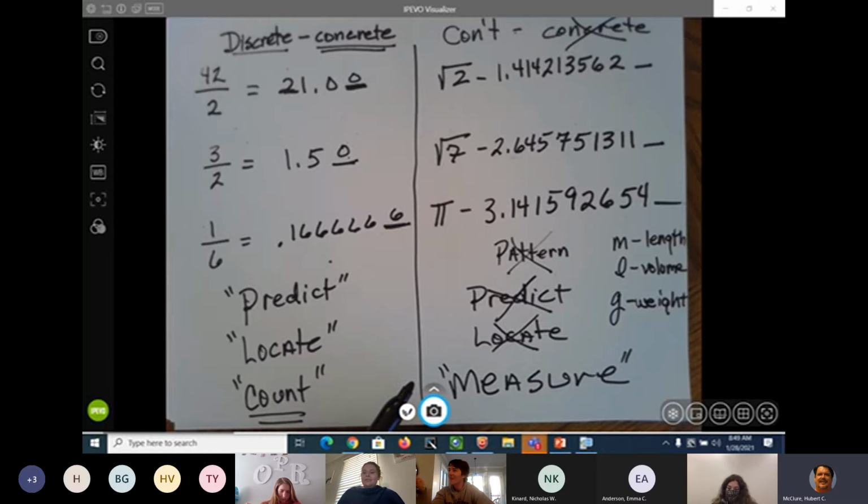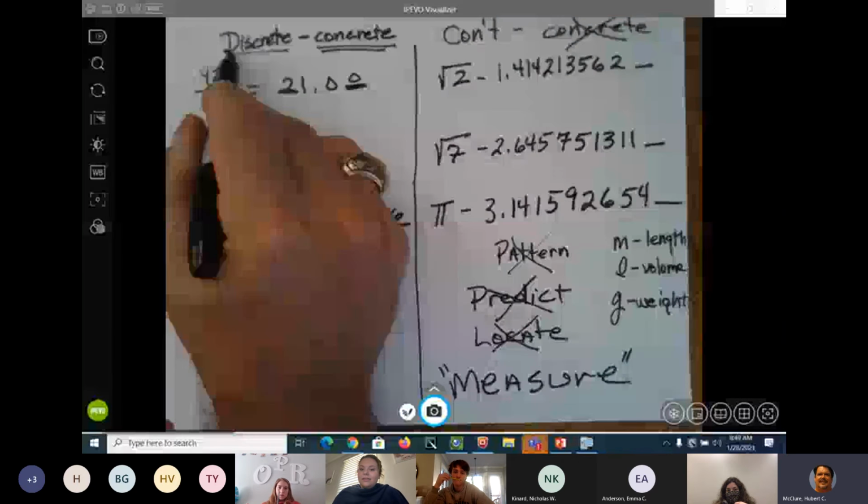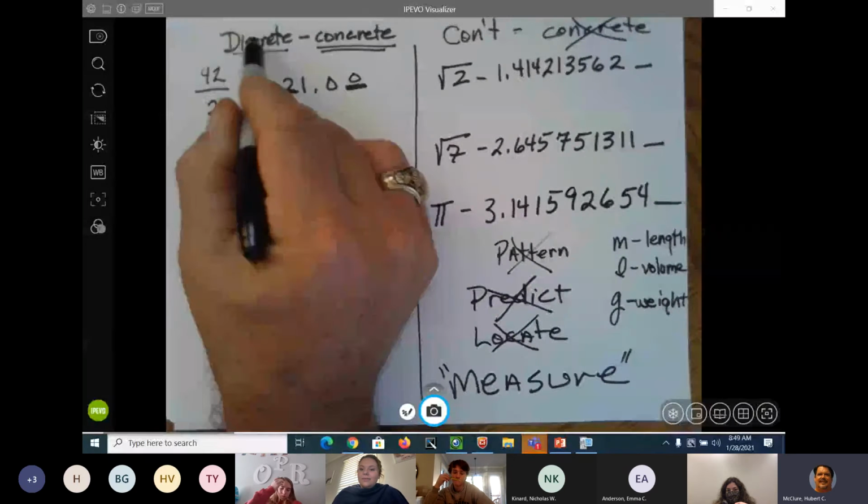What is the number of cars outside your house? Do you measure that or do you count it? Okay, Miss Johnson just mouthed count. I can read lips. All right. So, yes, that means that the number of cars outside your house is discrete.